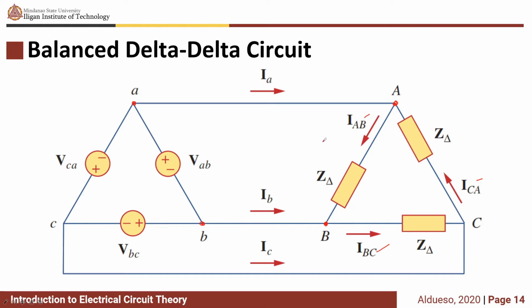So this is just VAB. So IAB is equivalent to VAB over Z delta. Similarly with IBC and ICA, you can get their values from this equation. Or you can relate the IAB to IBC and ICA.